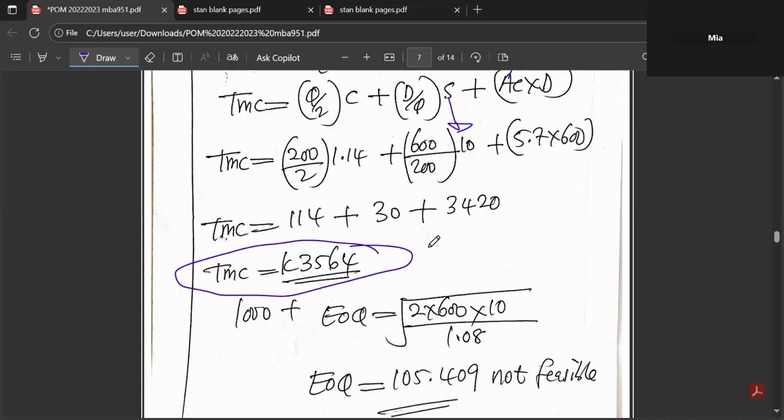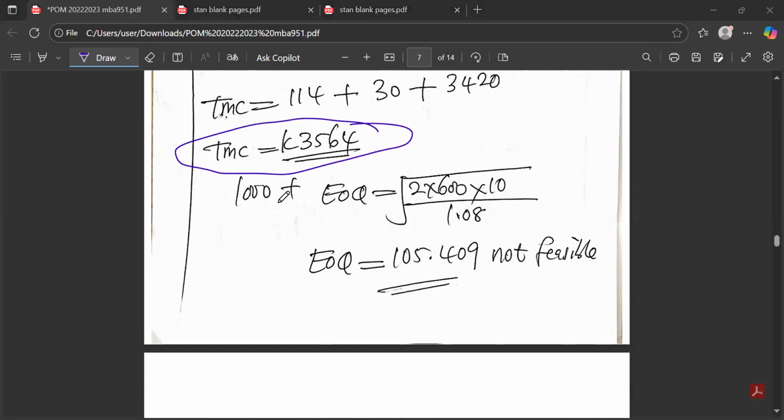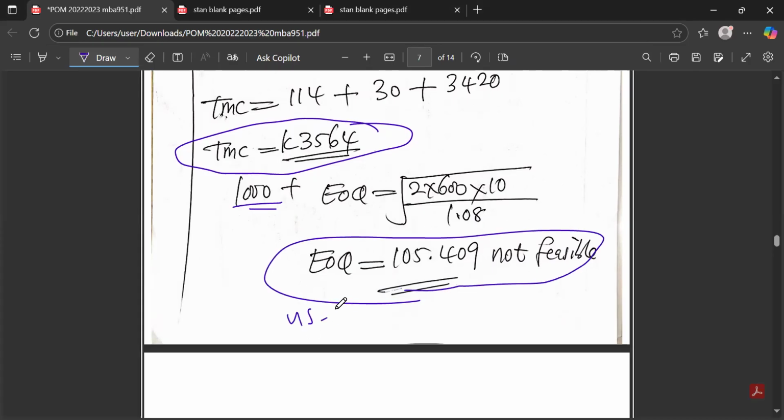Okay. So from here now, we are able to find the EOQ for 1,000 or more. So it's 105.0. It's not feasible. So use the Q of 1,000 units.